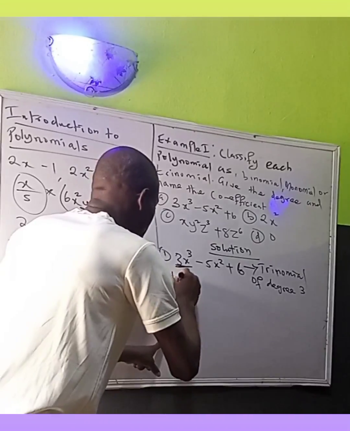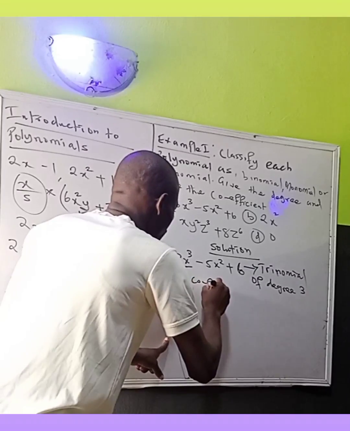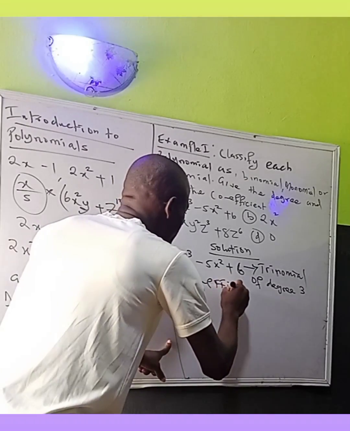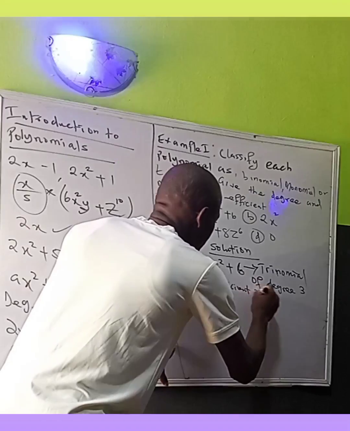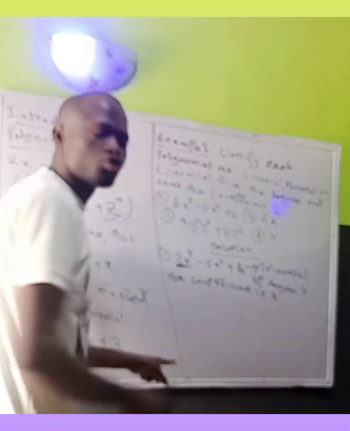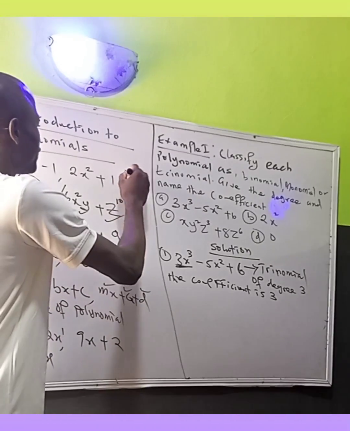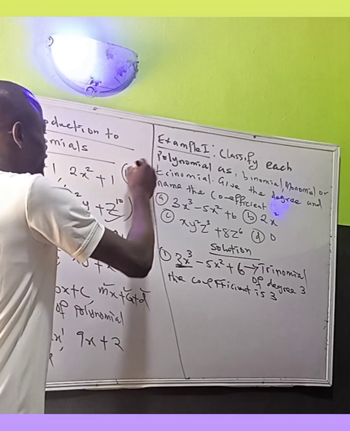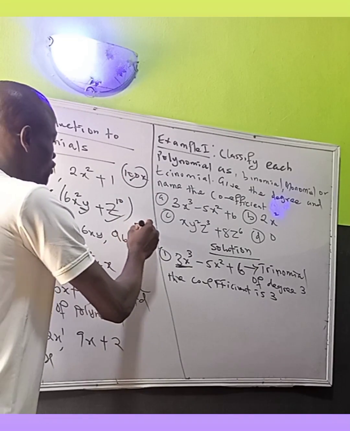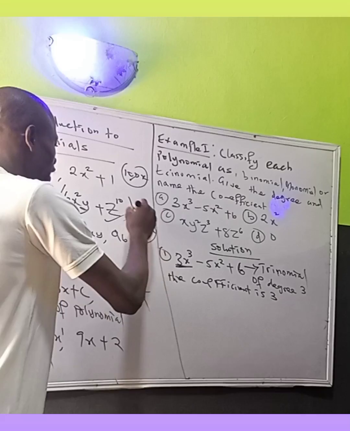The coefficient of the leading degree is 3. It is the number in front of a letter. If I write 100x, the coefficient of x is 100. If I write 500x, the coefficient of x is 500.